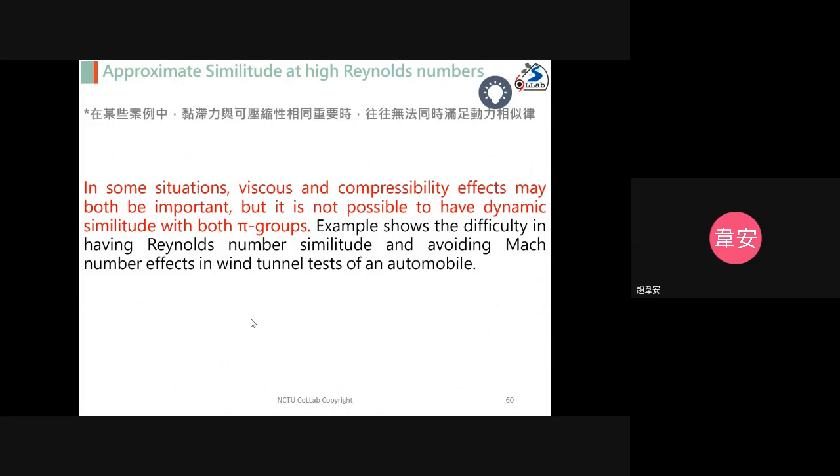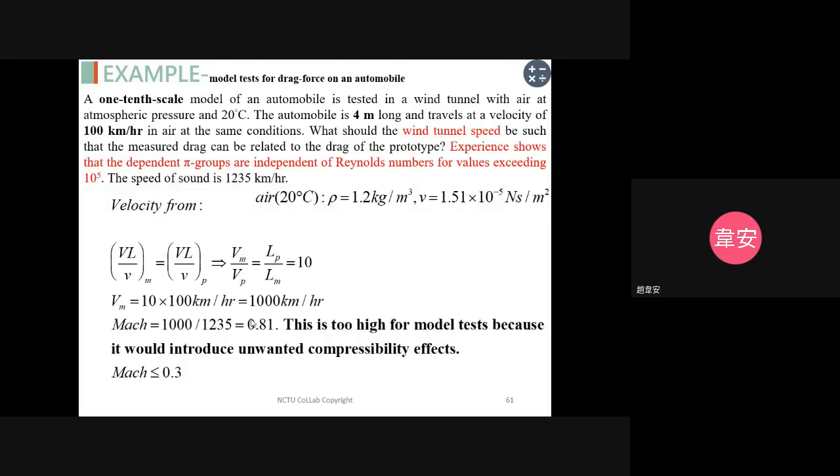As we show in one exercise, if you would like to satisfy the dynamic similitude for the Reynolds number, then you may have a relatively high speed. If the speed is high, then you will meet some problems for the compressibility assumptions. So this is the problem again.